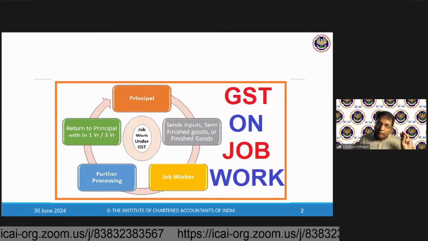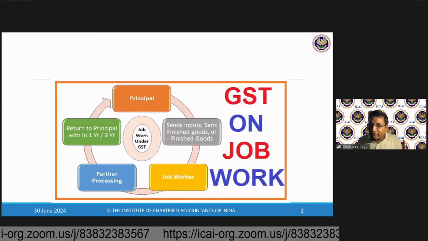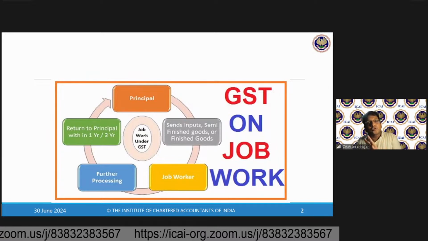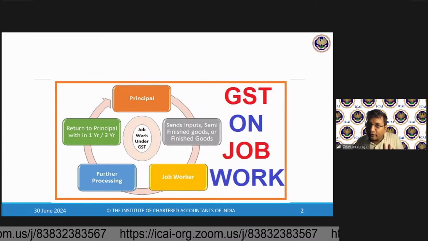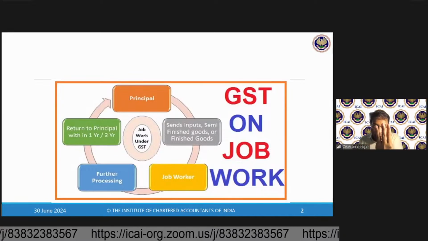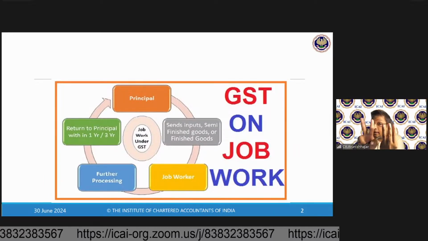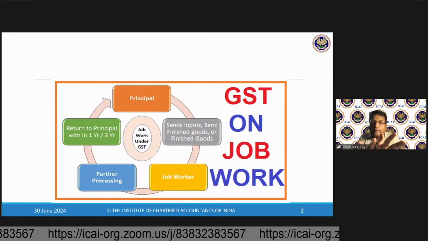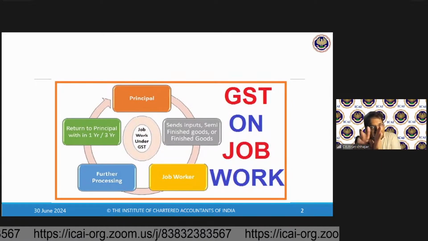So for input it is originally 1 year and 1 year for extension, totally 2 years including extension. If it is capital goods, the original time limit is 3 years, and 2 more years can be extended by the commissioner, total 5 years. It should come back within a period of 5 years.